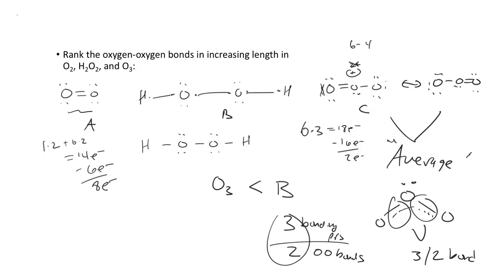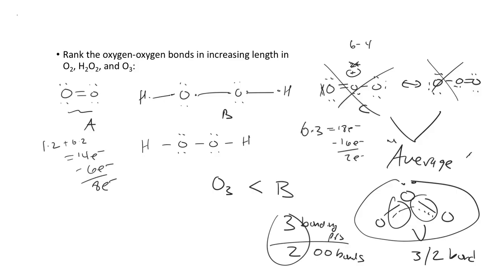So the resonance effect means ozone looks more like this and not like either of those two. They're still good Lewis structures. They still help us get to the resonance picture and an idea of what ozone might look like. It doesn't make them wrong, so I'm crossing them out not because they're wrong, but just because ozone doesn't really look like either one of those two structures. It looks like the average or the composite of those two structures.